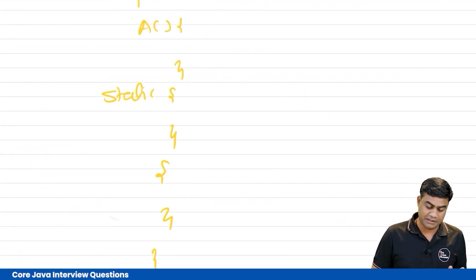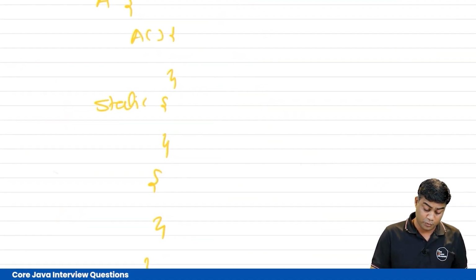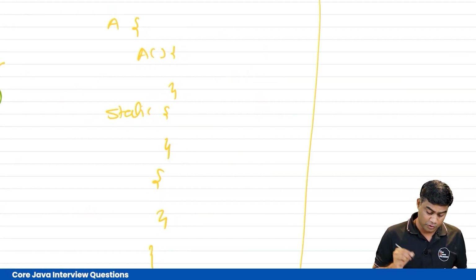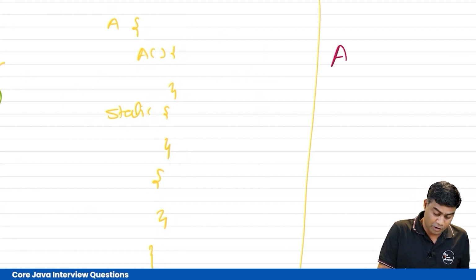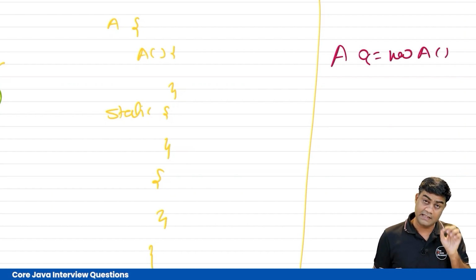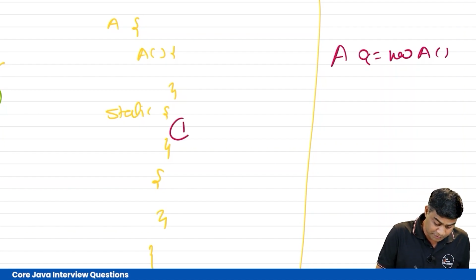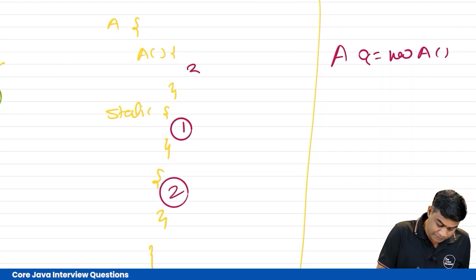Then what would be the sequence in which they are called? This is a very tricky question, guys, so you should explain it very properly. Let's say I create an object like this, A, new A. In this case, what is going to get called first? First will be this, second will be this, and third will be this.